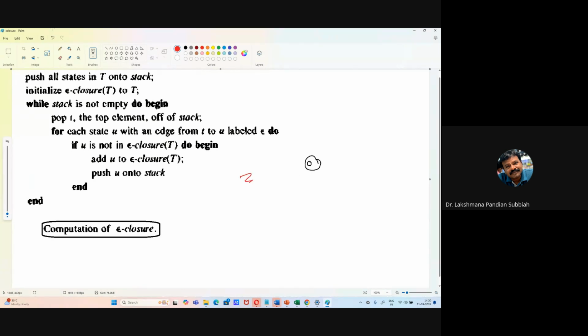Here, we have 0 to 1, 1 to 2, the epsilon, to 4, 3, 4, and then we have 0 to 7. Is also 3, 4, 5, 6, and 7.